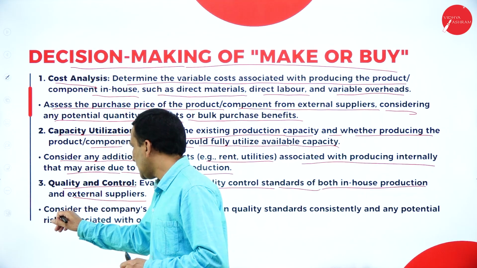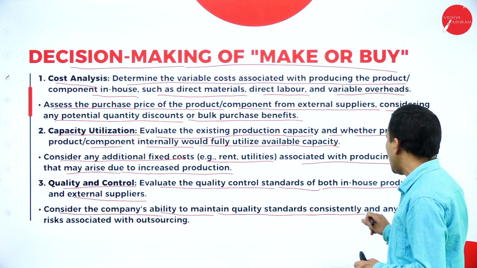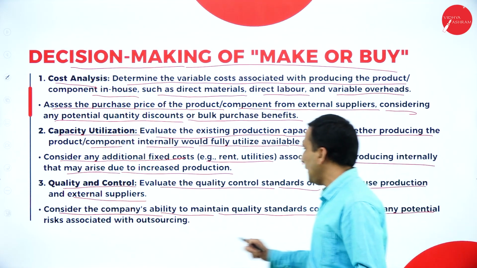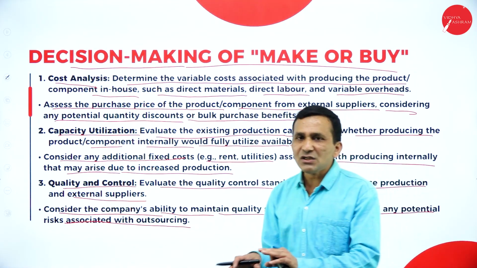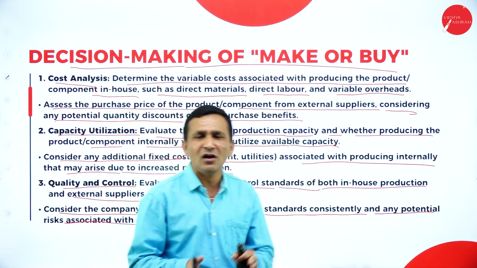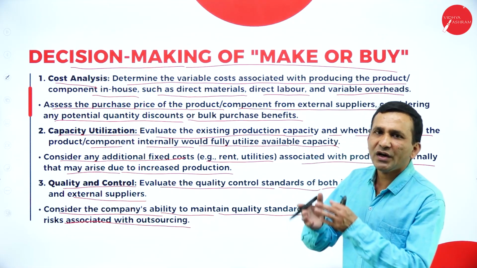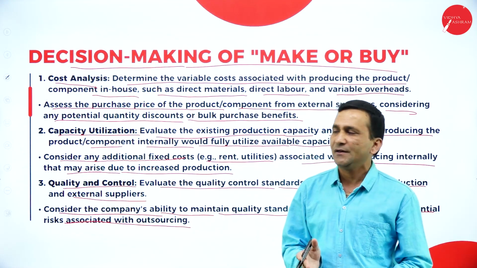And consider the company's ability to maintain quality standard consistently, and any potential risk associated with outsourcing. If I start producing, not only the investment, the machine input, and labor resource, technical resource are very important to maintain one specific standard.